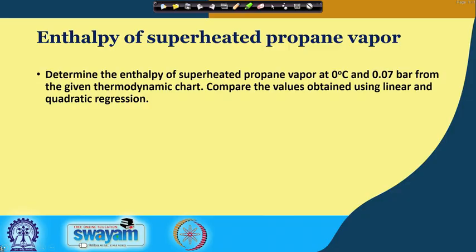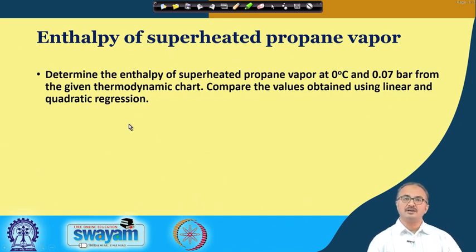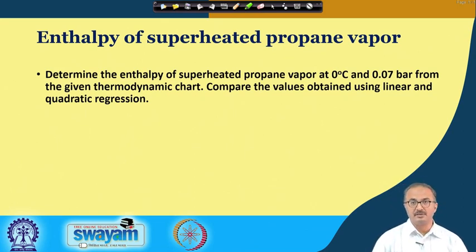Here we have the problem: determine the enthalpy of superheated propane vapor at 0 degree centigrade, 0.07 bar, from the given thermodynamic chart and compare the values obtained using linear and quadratic regression. You see that here we are taking the values for regression from the thermodynamic chart. In reality, these values may come from some experimental data.